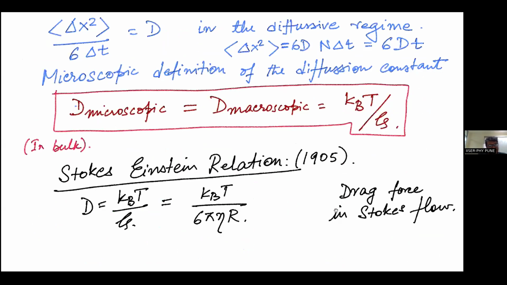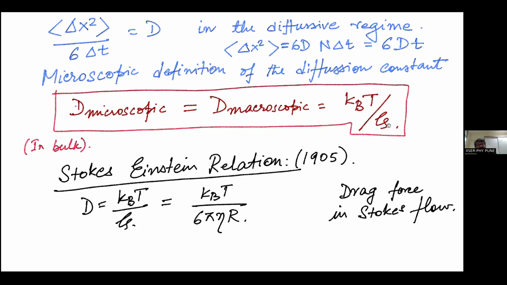This is the diffusion constant calculated microscopically, and previously we had the macroscopic one, and of course they have to be equal because the two phenomena are related. The reason the concentration becomes uniform is these molecular collisions, the Brownian motion. And this diffusion constant is actually equal to kBT by zeta, the friction constant.